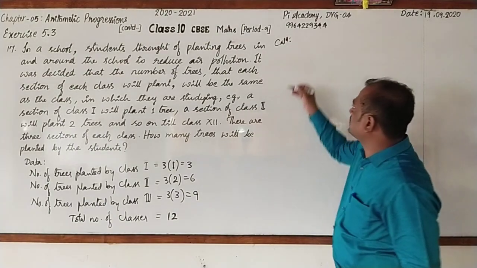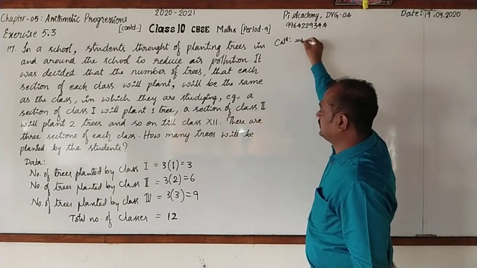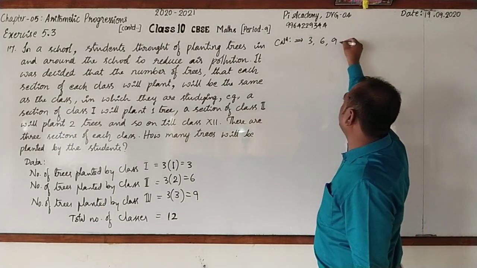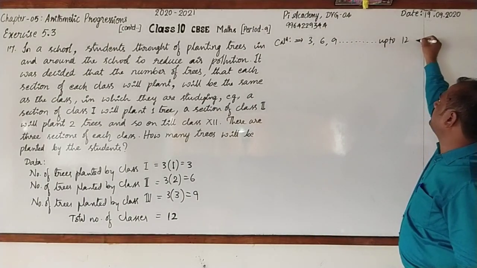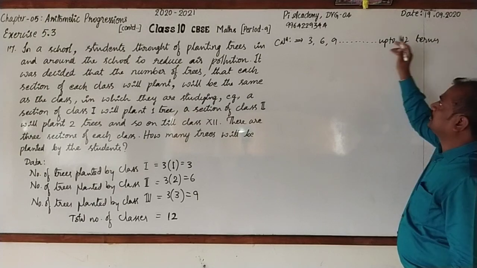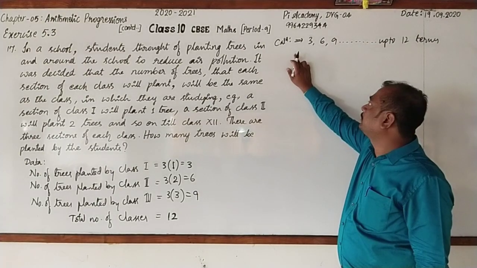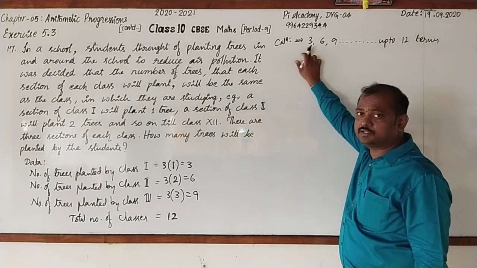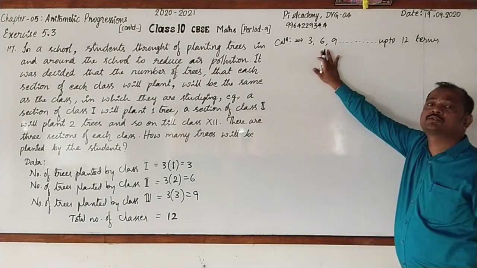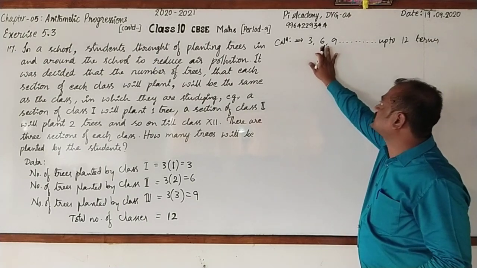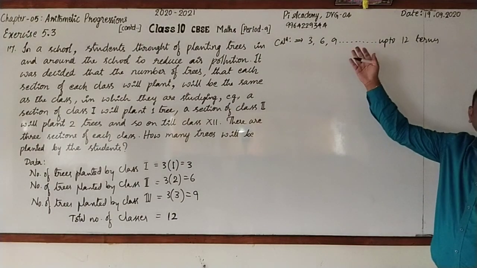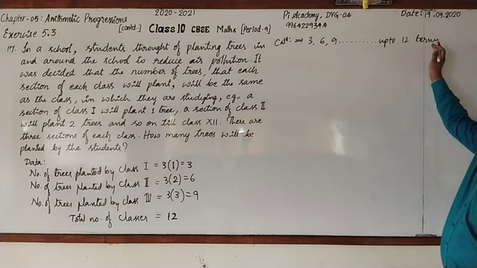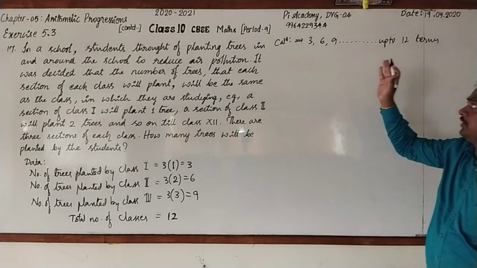You can write this as 3, 6, 9 and so on up to 12 terms, right? First standard students will plant 3 trees. Second standard students will plant 6 trees. Similarly, third standard will plant 9 trees, and it continues. Total 12 classes are there.